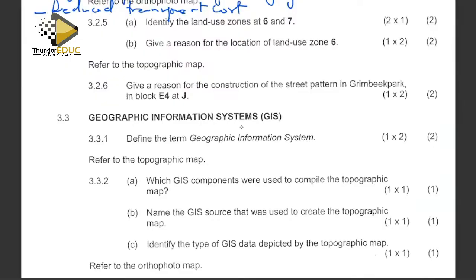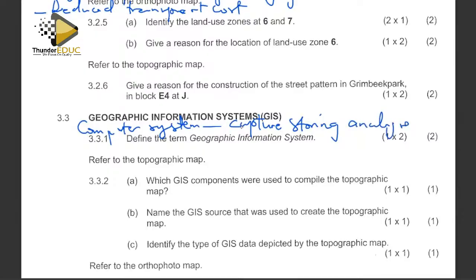So in simple terms, you can say it's a computer system which is used to do what? It's used for capturing data or storing or analysis or manipulation and all those uses of geographical data.